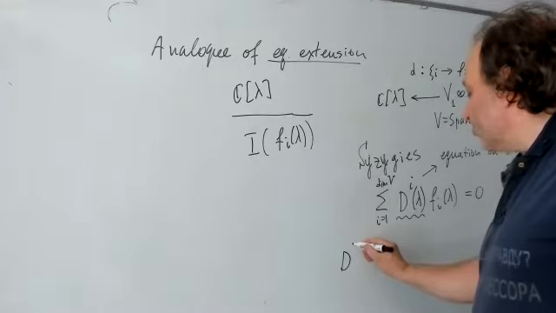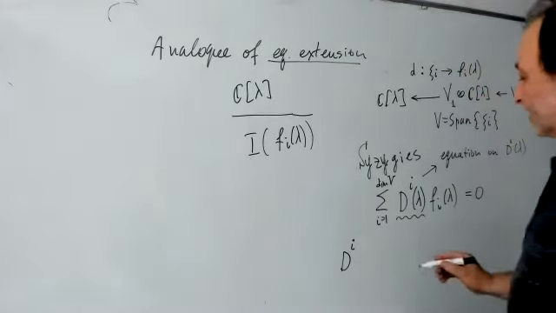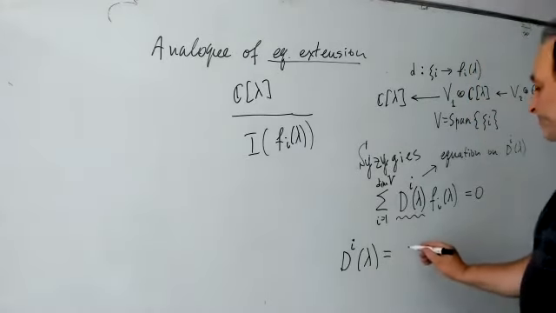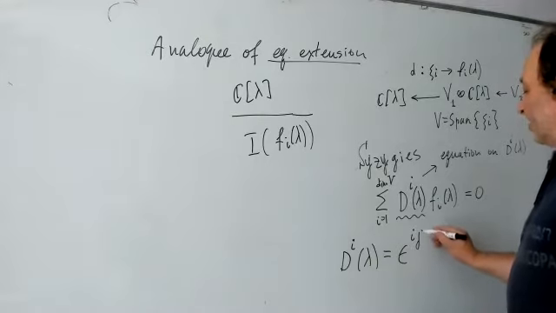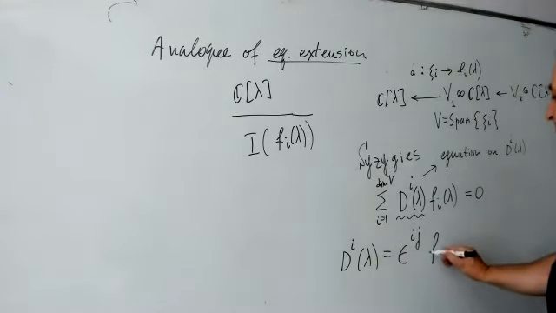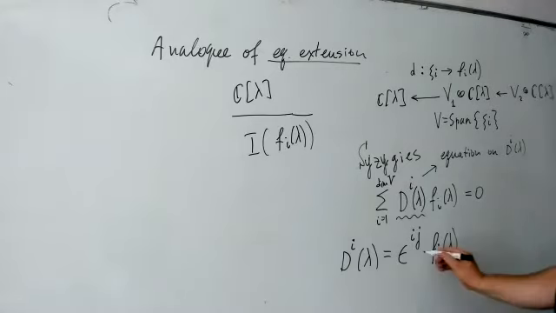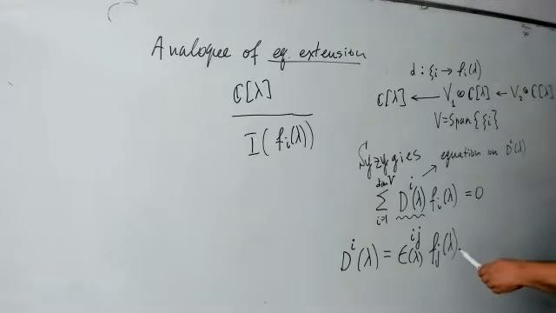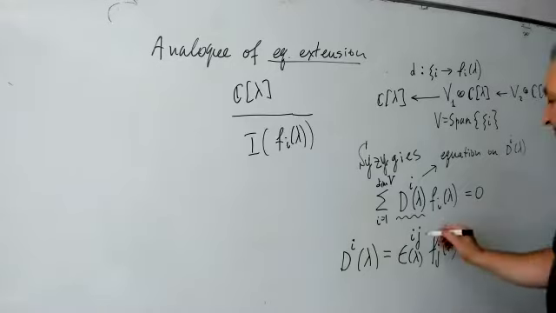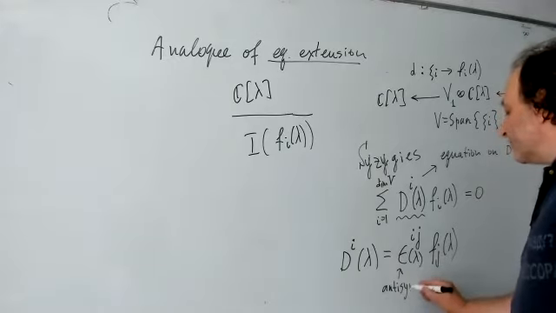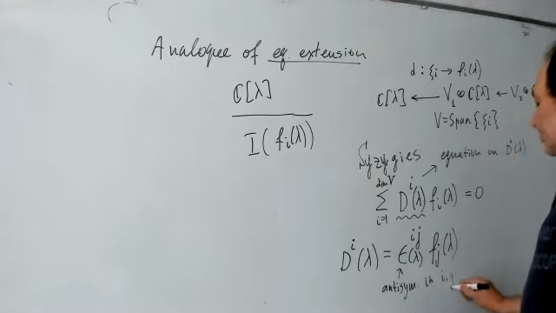The simplest solution is d_i of lambda equal to epsilon_ij f_j of lambda. I wrote it as epsilon, assuming that it is antisymmetric in ij.